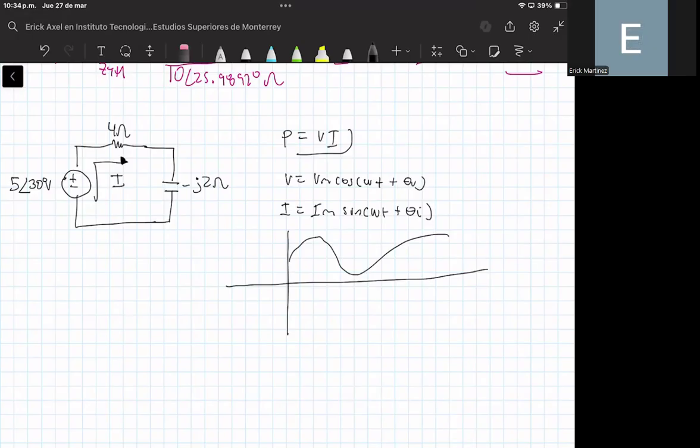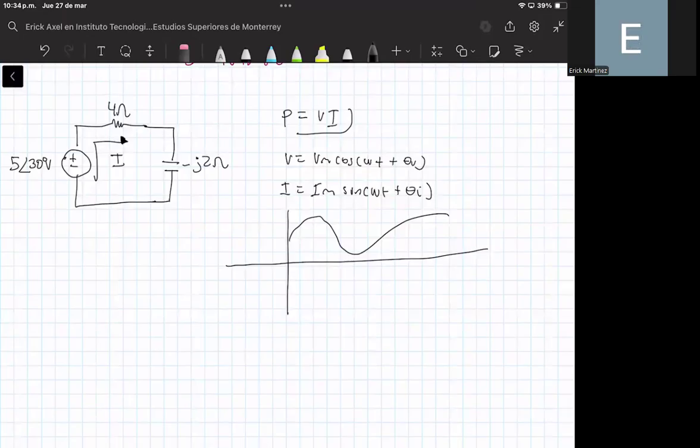In fact, we can divide the behavior of the power function, that is the result of multiplying these two functions, the voltage and the current function, into two components. We have an instantaneous component and also a DC component or a constant component.